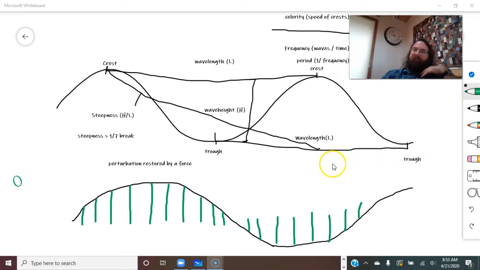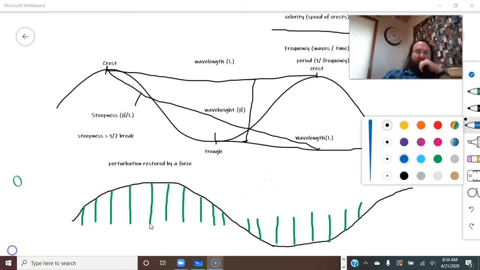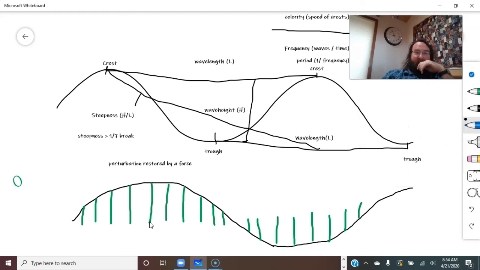Now, if this wave is traveling from left to right, let's take a look at what's going to happen when you add up all those forces into vertical motion. At the wave crest, gravity is tugging us hard, but it's not moving very fast. In fact, the crest is basically still. But as gravity tugs on things more and more, the downward motion is going to get stronger and stronger.